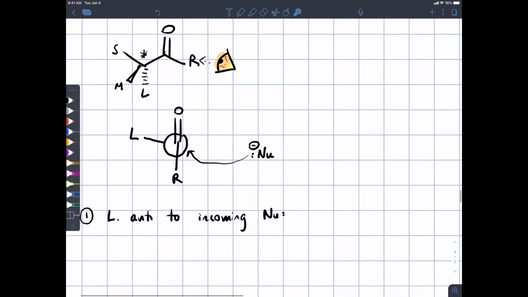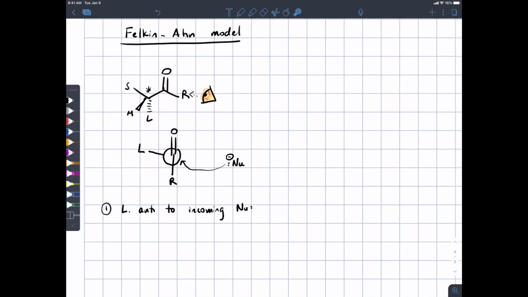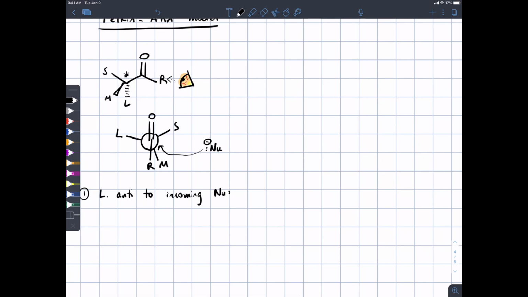All right. So then what else? We've got two other groups to deal with. I'm trying to figure out, based on how we've drawn this, the medium group is going to be here, and the small group is going to be here. Okay. So that's if the nucleophile approaches from, as we've drawn it in this Newman projection, the right-hand side.